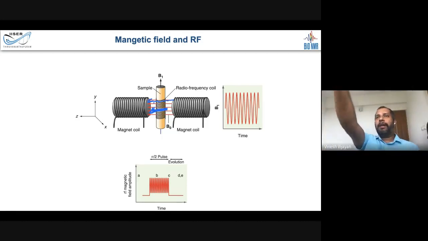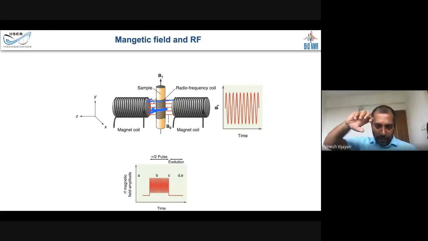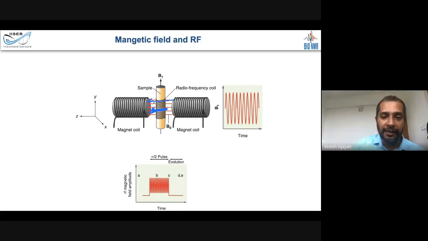You have to hold that M0 and push it out of your B0 field. Now how do we do that? Bharat had shown that equation, M cross B. You have to have a torque that makes it come out of your B0 field. Then we should be able to detect this M0.